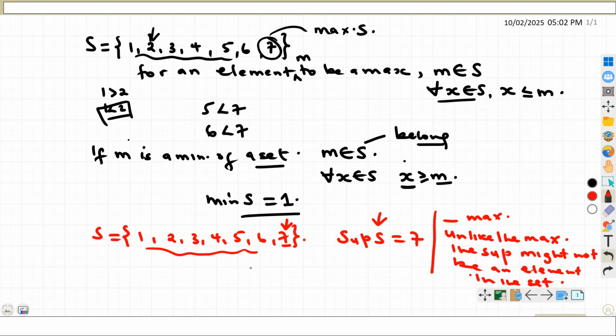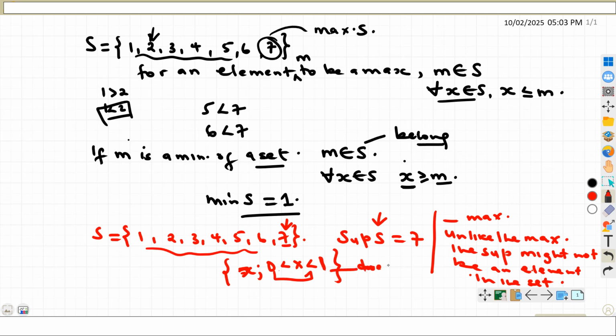And we shall also consider examples such as a set S for which you are taking x, where x is any real number between, for example, 0 and 1. When you look at such numbers between 0 and 1, you realize that 1 is the number for which all other elements of this set are less than 1. So this set does not contain 1.